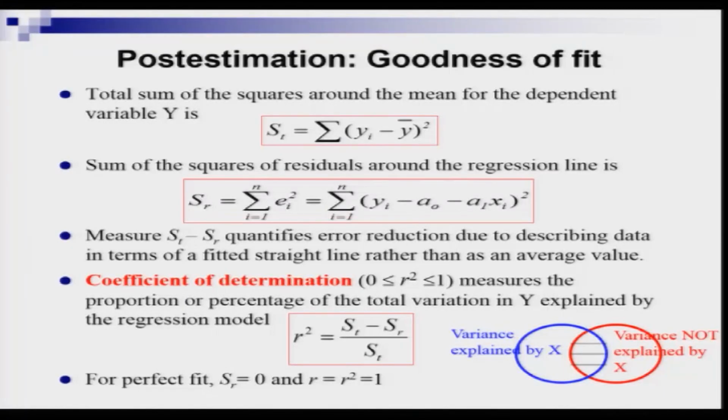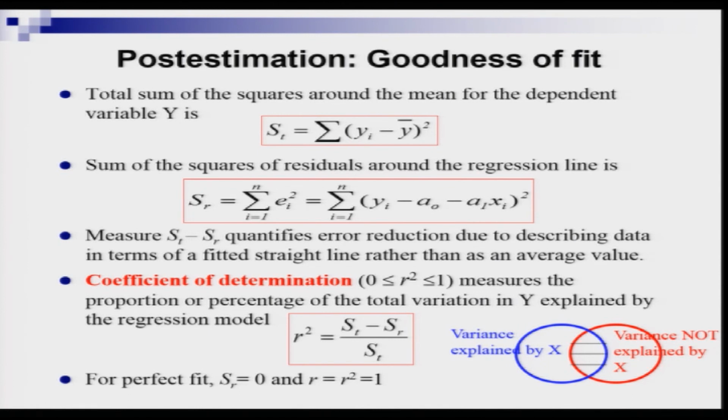Here I am showing you two circles in two different colors. The variance in y that is explained by x is given by the blue circle, and the variance which is not explained by x, that is basically the error variance, is given by the red circle.